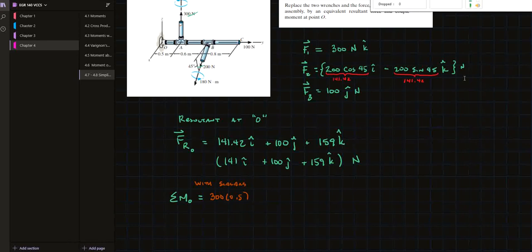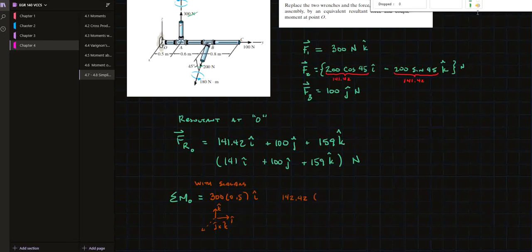I'm going to call that a positive. Some of these are going to be tricky to figure out. So this first one's a K and a J, with J crossing K, and using my right hand rule, that's going to end up giving me an I in this direction. So that's positive.